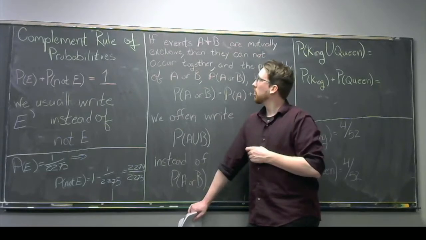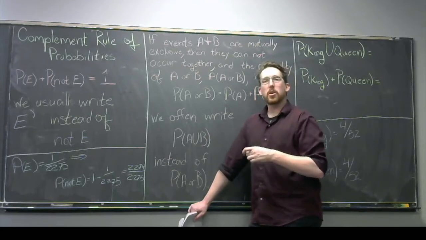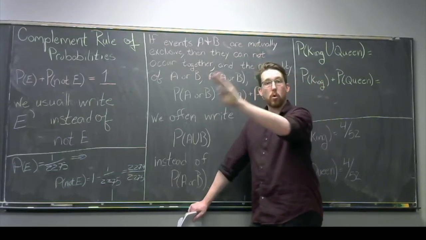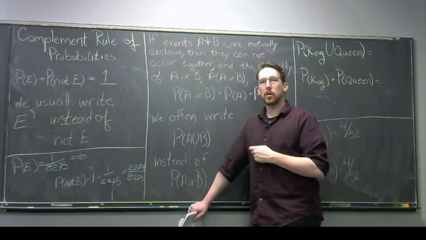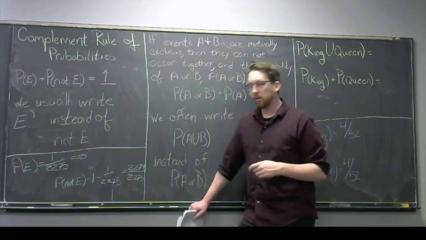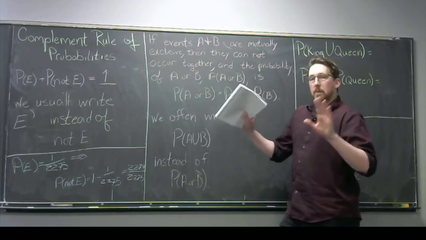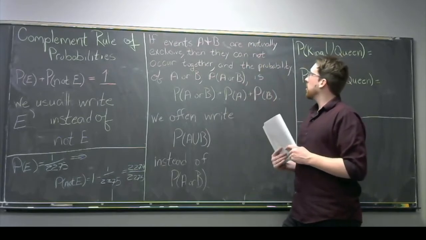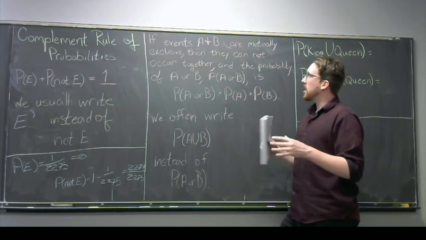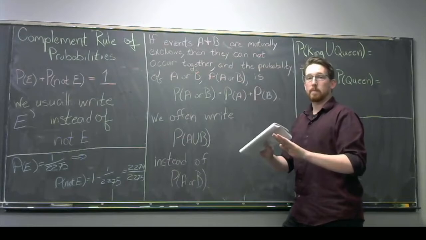All right. Having said that, what about the case of saying, I want to know the probability of A or B happening? How do we handle that? First, to handle that, we need to know that if A and B are mutually exclusive, then what we're saying is there's no way that A and B could occur together.